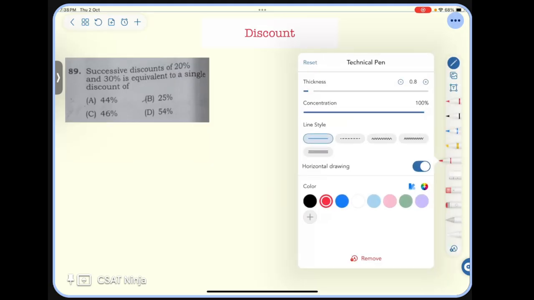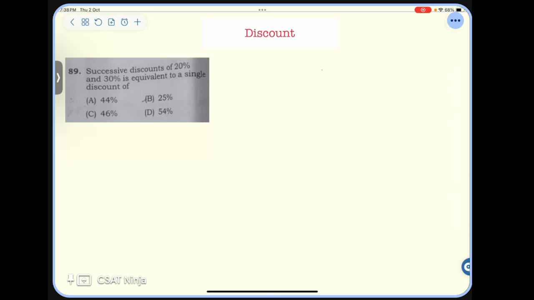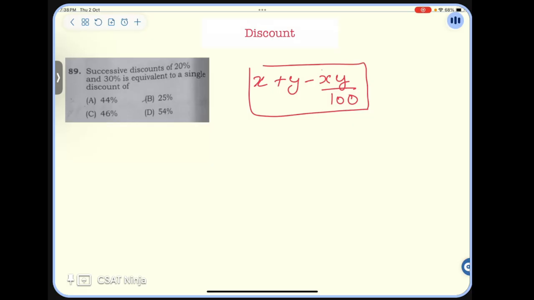The formula is this: if you have two discounts, X plus Y minus XY divided by 100 is your formula here. So this is very important for NSSB.